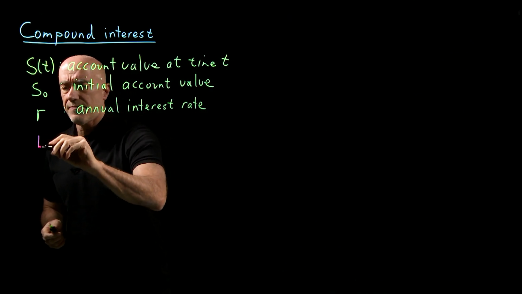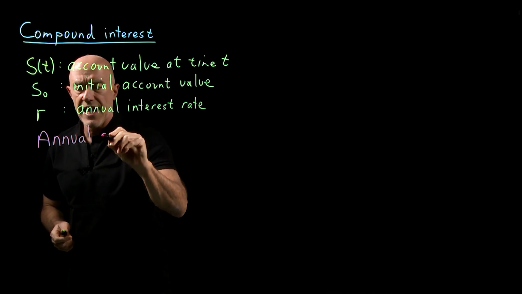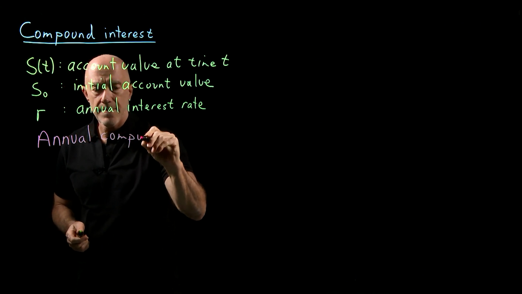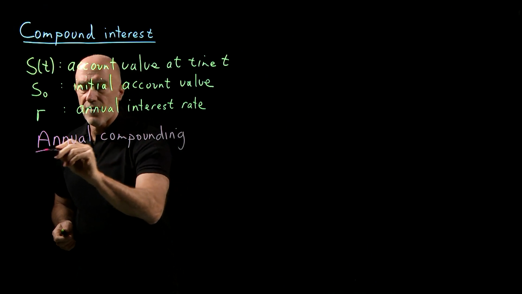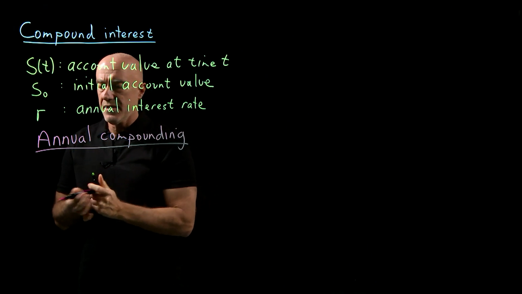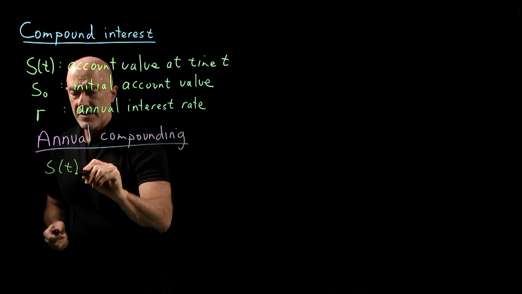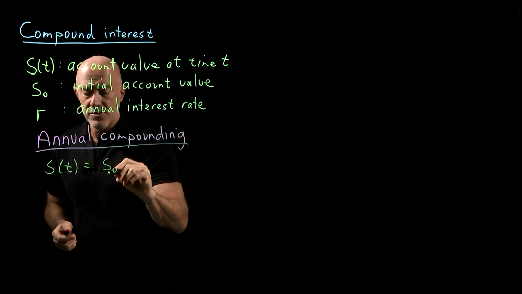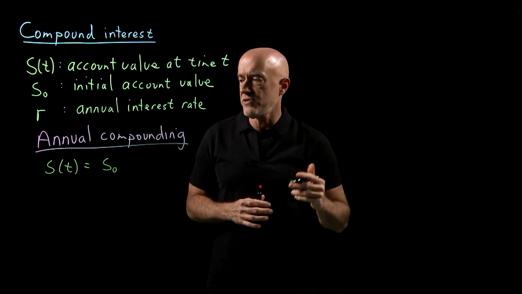We have first the simplest type, which is just annual compounding. For annual compounding, we have the value of the account at time t is the initial value, and then you get the initial value plus the interest you earned.